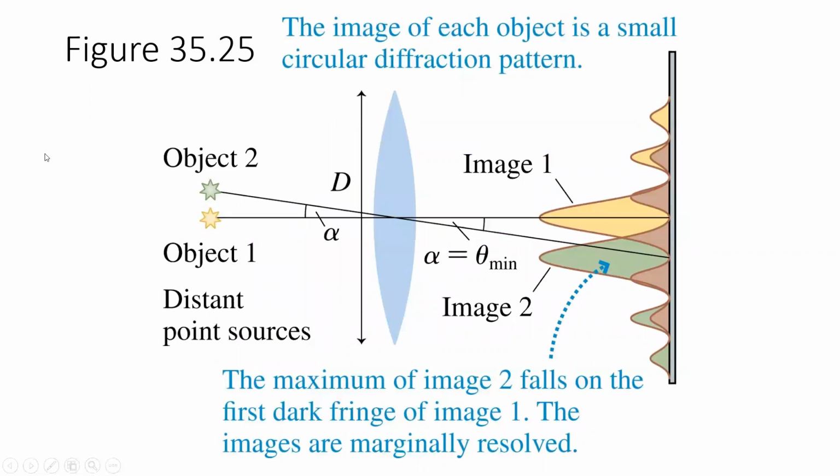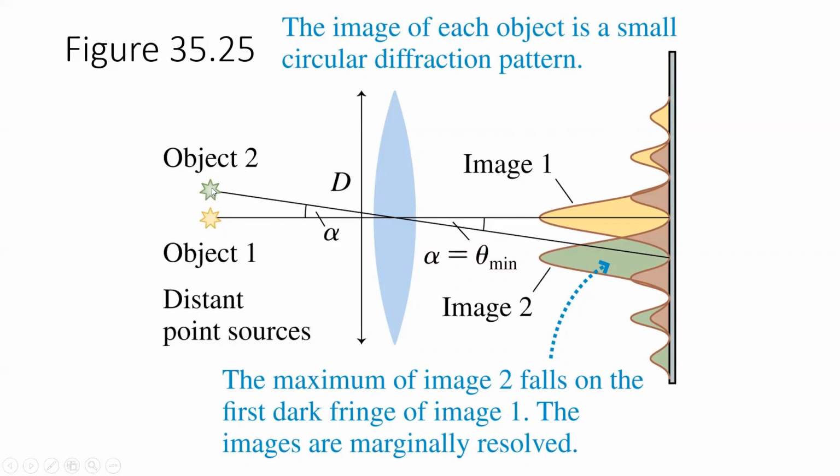And now we get to the part that's relevant to this chapter and a couple of homework problems. This is what your book refers to as the Rayleigh Criterion. So imagine now that you're using your lens to image two separate objects. For now, you can think of them as two faraway stars.